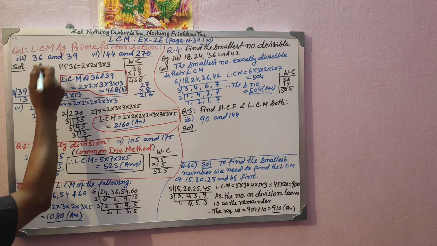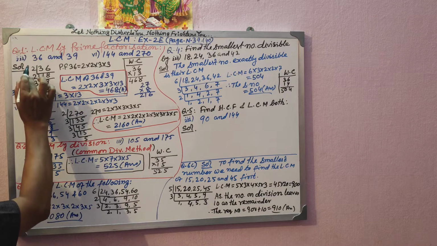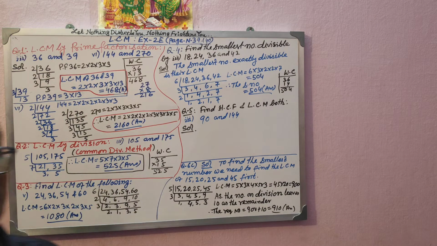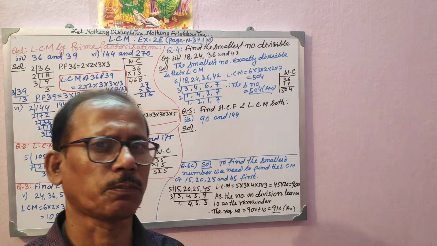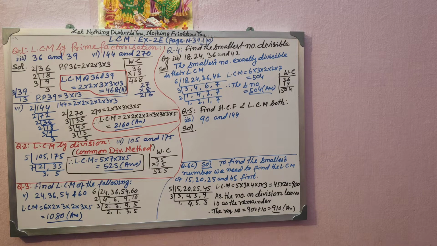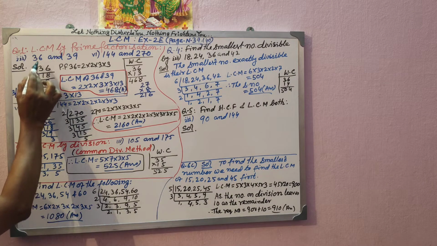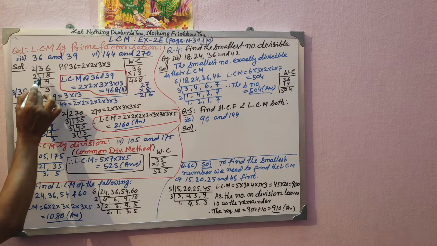Let us learn prime factorization first. In question number 1, we have to find the LCM by prime factorization. Similar to HCF by prime factorization, you find the prime factors and write each number as a product of prime factors. Go for short division of each given number, with prime numbers as divisors: 2, 3, 5, 7, 11, 13, and so on. 36 is an even number, so it divides by 2 and becomes 18.